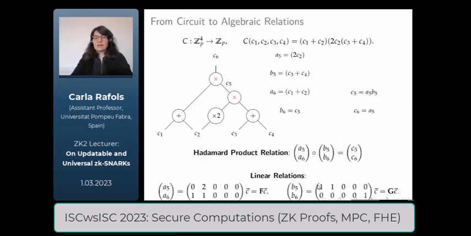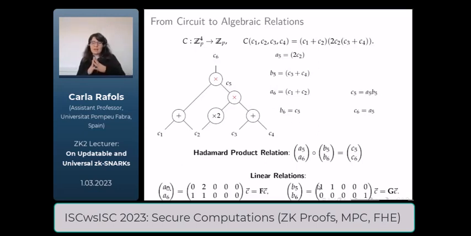And then I want to see some linear relation. So I need to see that A5, sorry, which is the left wire, should be C1 plus C2, and B6, which is the right wire on gate 6, is just the output of the previous gate, and so on.